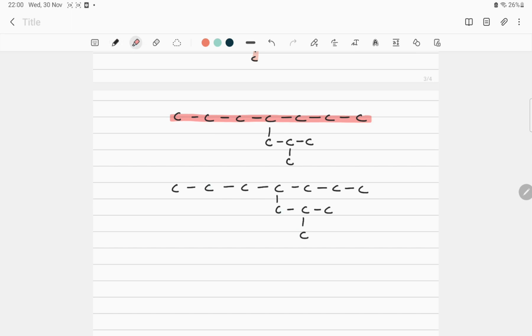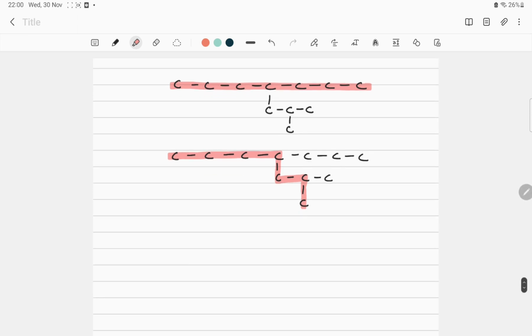Another chain which is possible as the parent chain is again a longest continuous chain, right? Now which of the two should be selected? If we select this as a parent, the other possibility is that we can have this also as a parent chain: 1, 2, 3, 4, 5, 6, 7, then 1, 2, 3, like this.